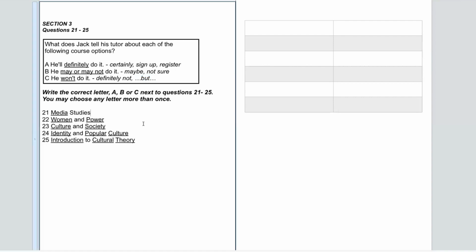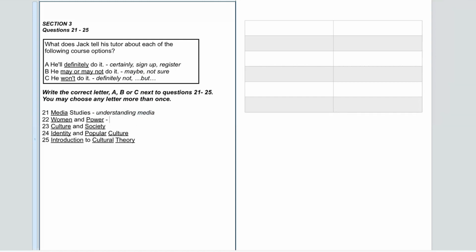Before we do that, I'd like to go over some brief synonyms for numbers 21 to 25 as well. Now, for media studies, another way you could say that is perhaps understanding or studying media, okay? For women in power, think of some synonyms for women.